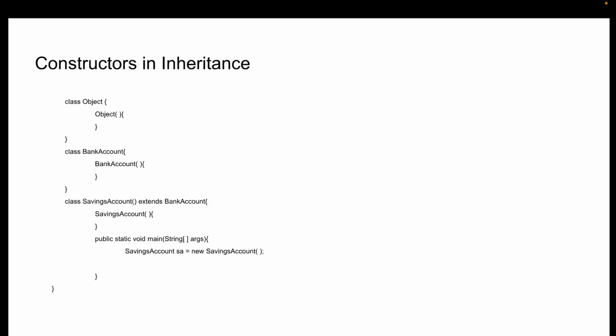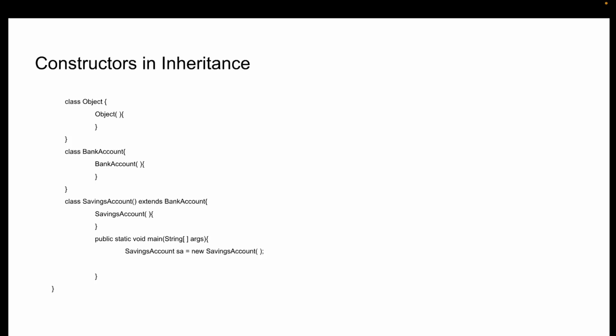See, I told you one concept, that at the top of the hierarchy there is the object class. You don't need to create an object class, but Java has its inbuilt object class, and all the classes that you create or define inherit the object class. So whatever methods are inbuilt in the object class are available to the child classes or subchild classes.